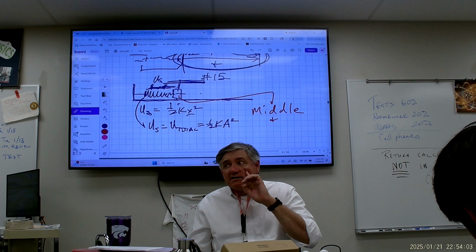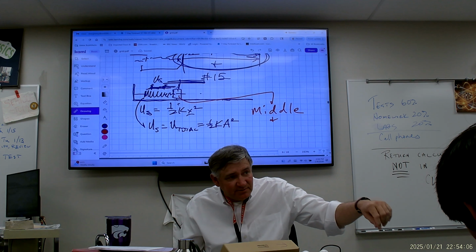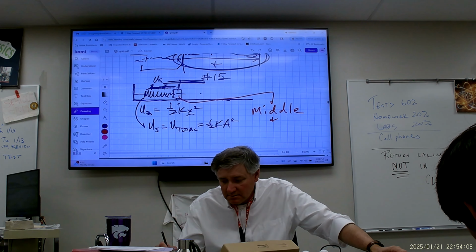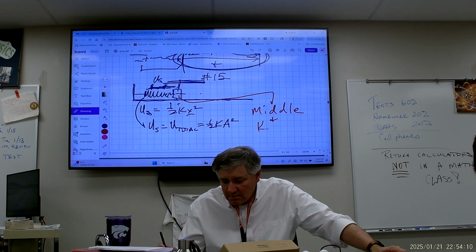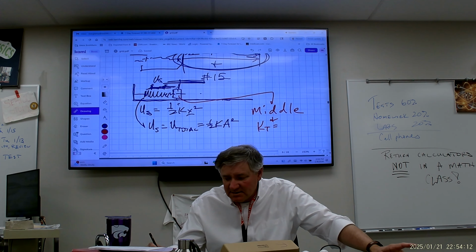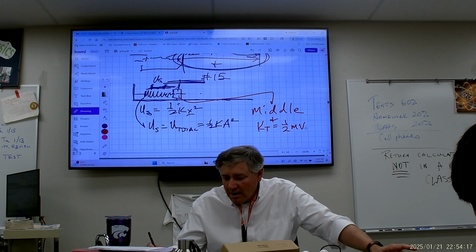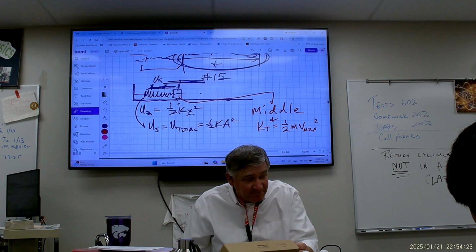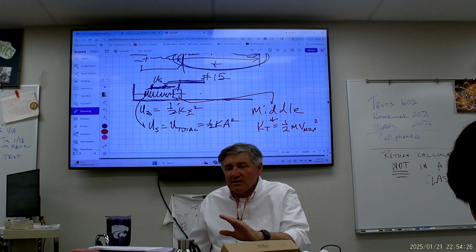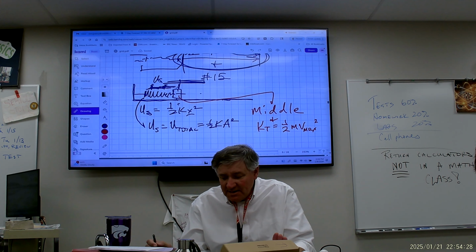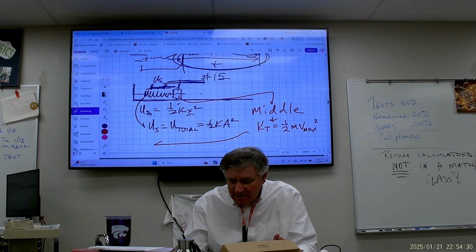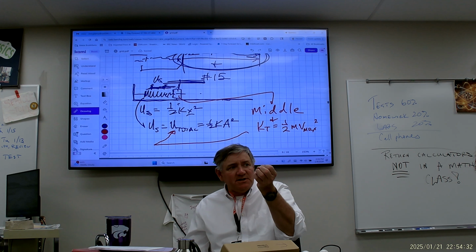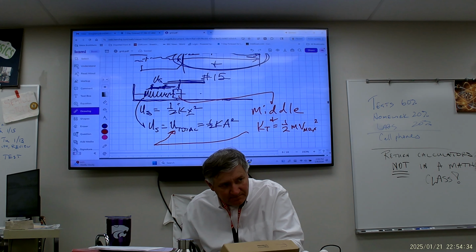So in the middle of the oscillation, I have no Us, so all that energy is going to exist as what? KT, and KT is 1/2 m. Now, I'm going to put that as v max squared, because that's when it's going to have its maximum velocity. So that in the middle is also going to equal the total energy that could exist within the system.